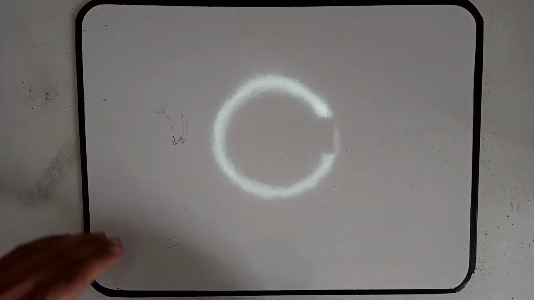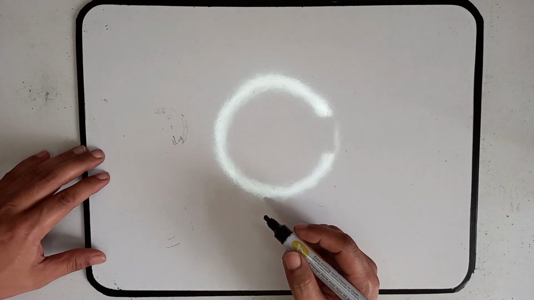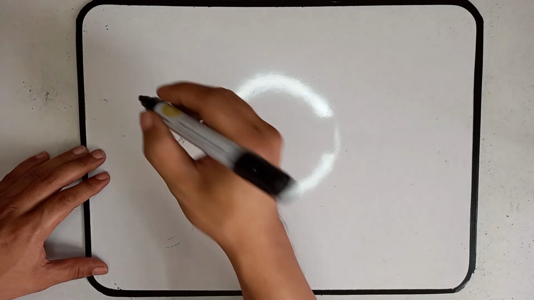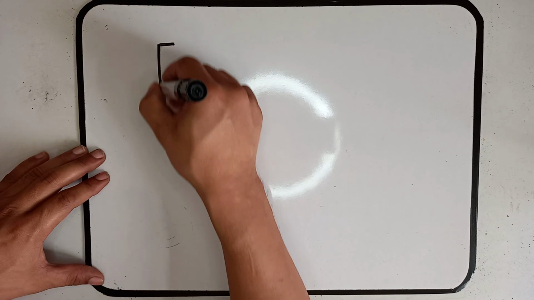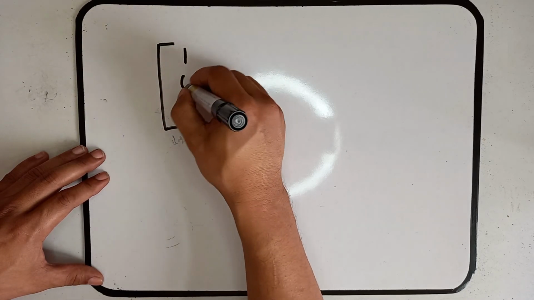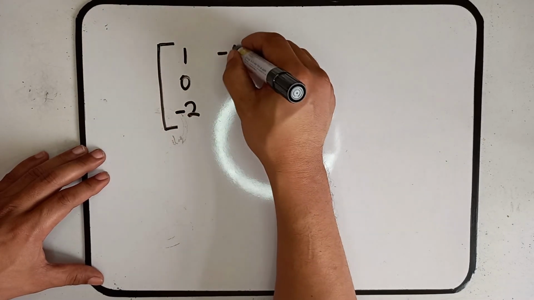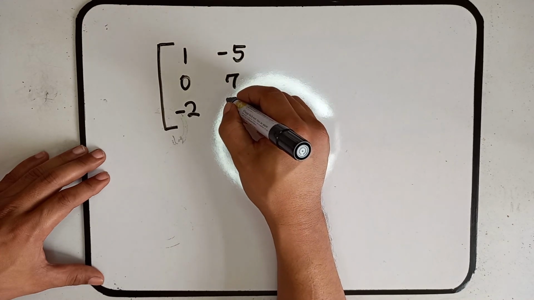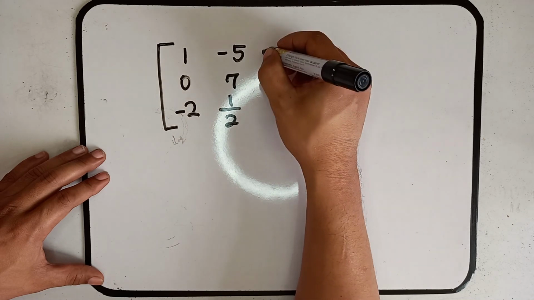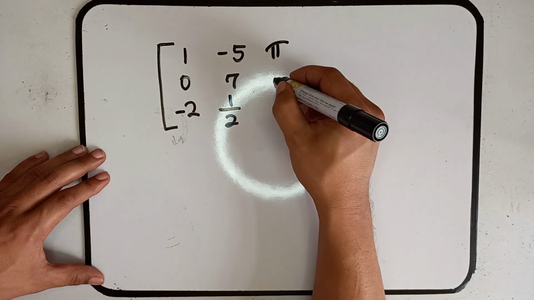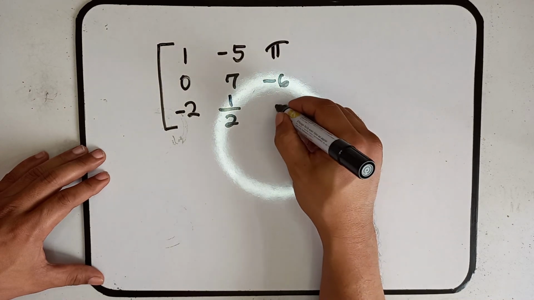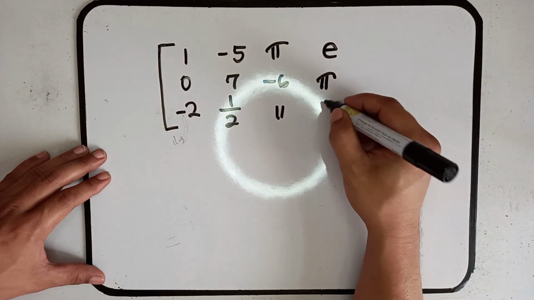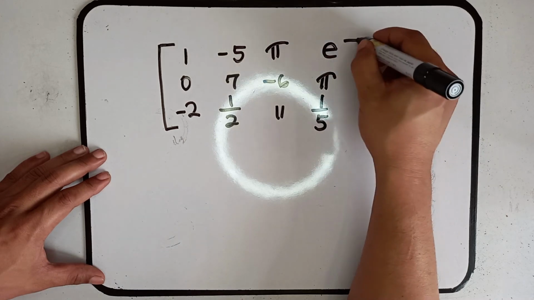Let's have another example. Let's try this one. -1, 0, -2, -5, 7, 1/2, pi, -6, 11, and then another pi here, and then 1/5.